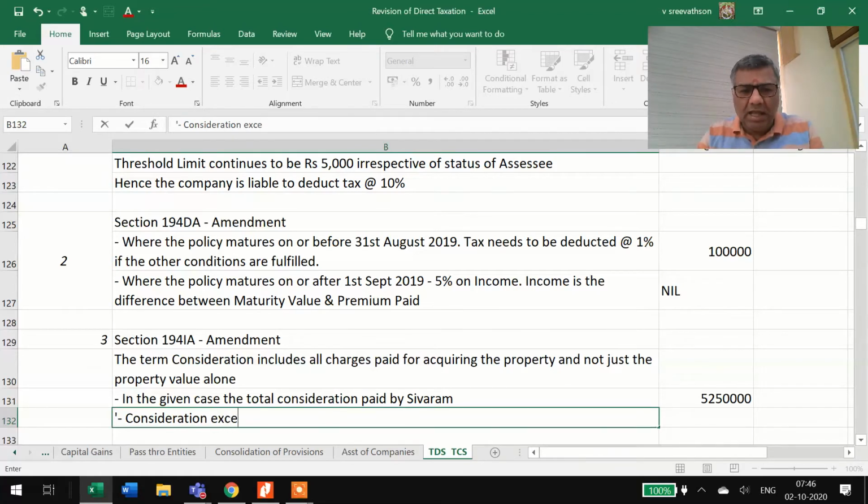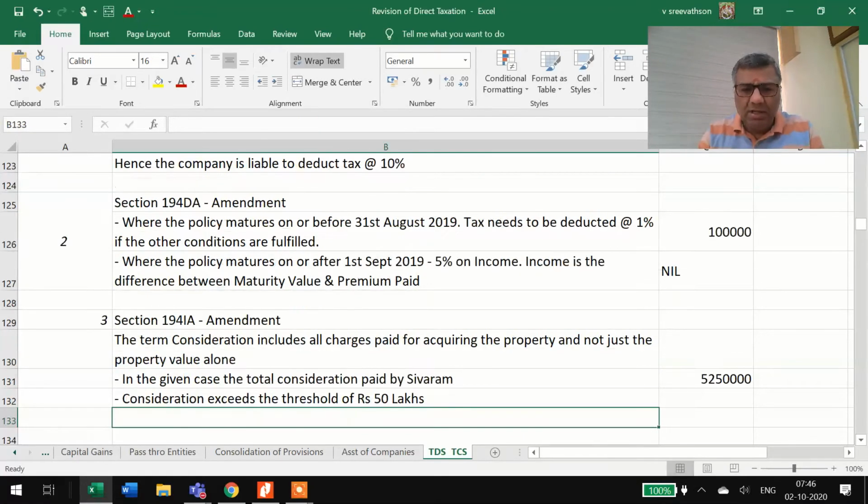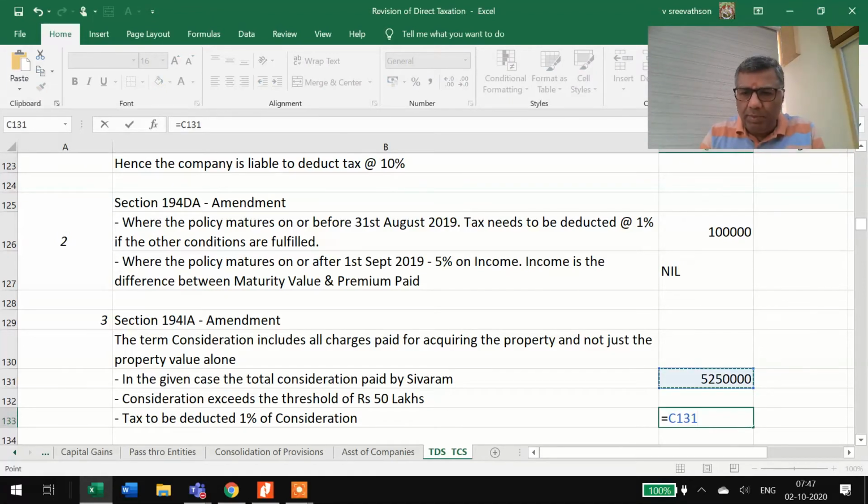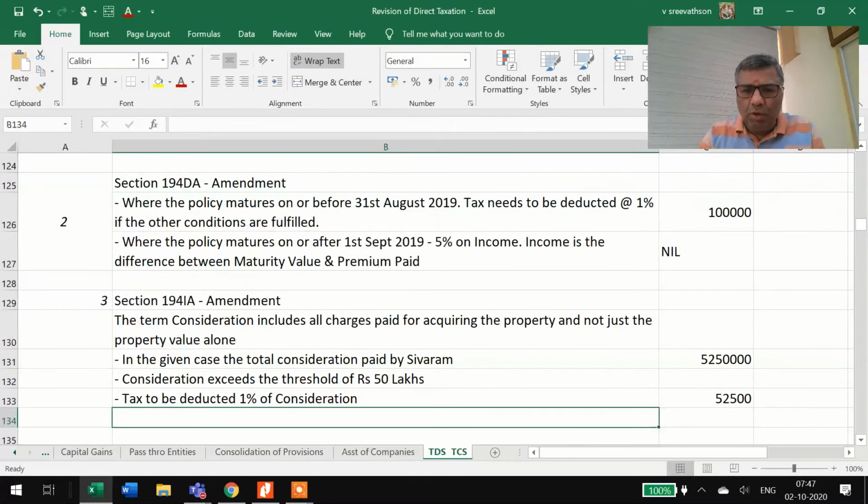Consideration exceeds the threshold of rupees 50 lakhs. So tax is liable to be deducted at 1% of the consideration.